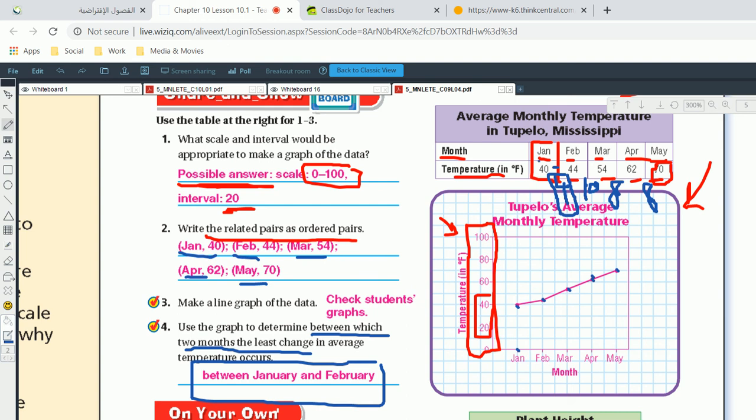The least change is between January and February. So that's our lesson today. It's very easy, but you have to determine some data from the table to allow you to use this data to graph this grid. Thank you for listening.